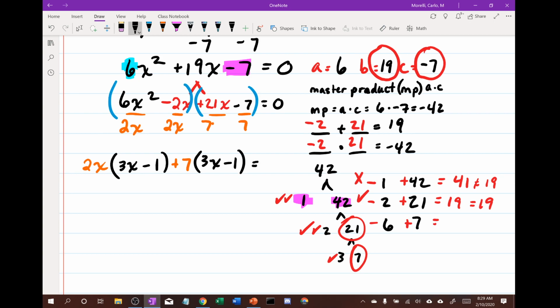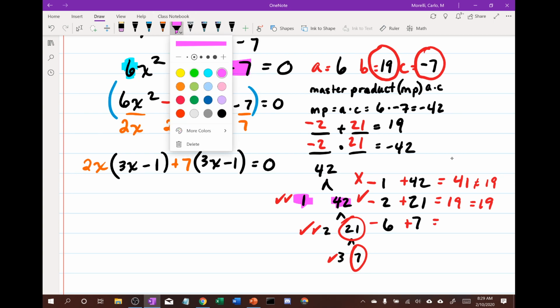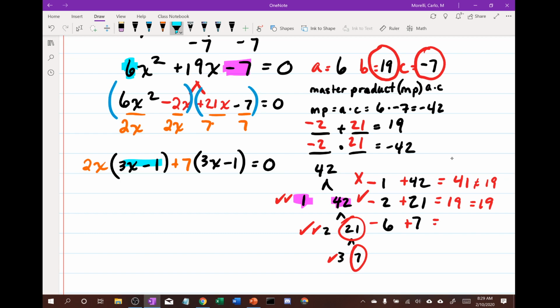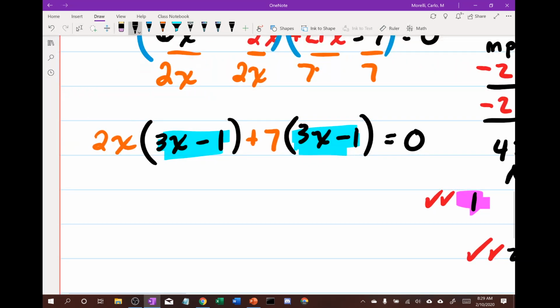We want these two things to be lo mismo, the same, okay? We want these two things to be the same. Now you form your final factors by taking these two homies and putting them in their own little binomial.